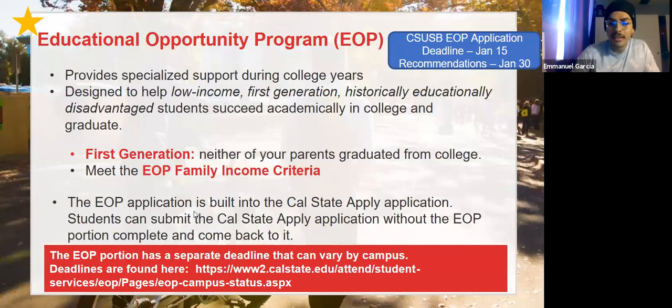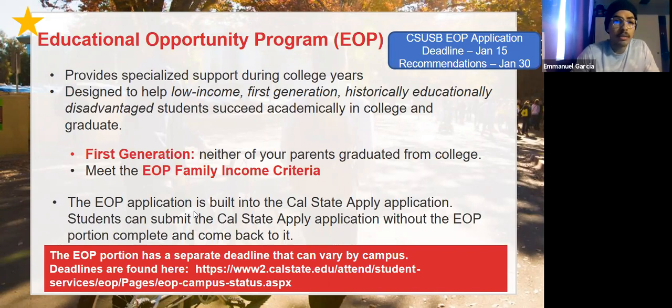Actually, I'm sorry, that's the CSUSB EOP application deadline, January 15th. Each campus has a different deadline. Depending on the campus that you are applying to, just make sure that you follow up with the EOP department so you can find out more information on their deadlines, by when you would need to submit the recommendation letters and any other additional information that you need.